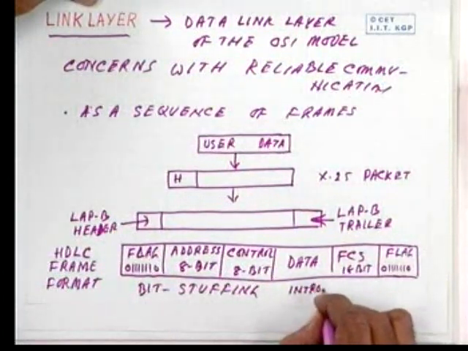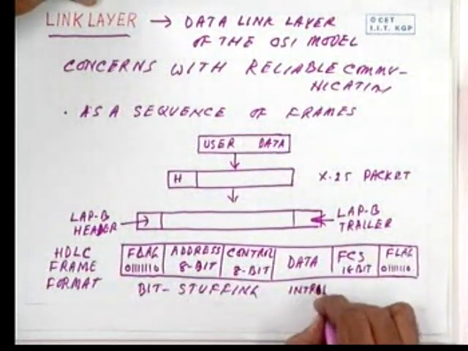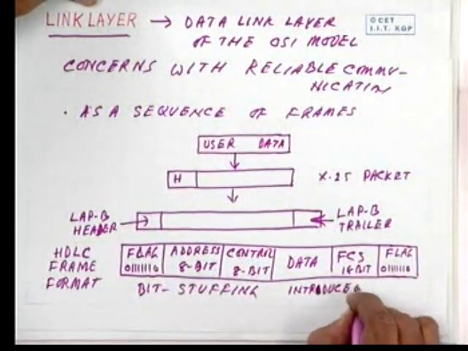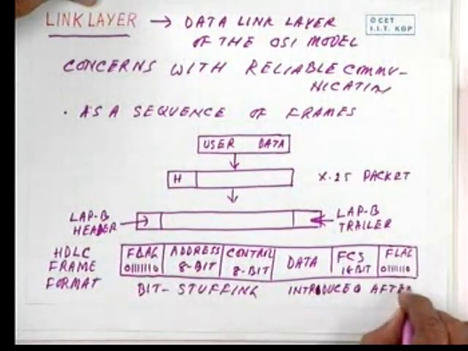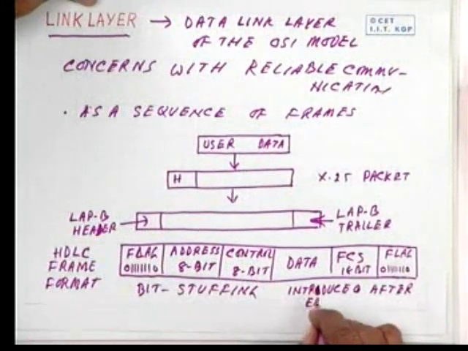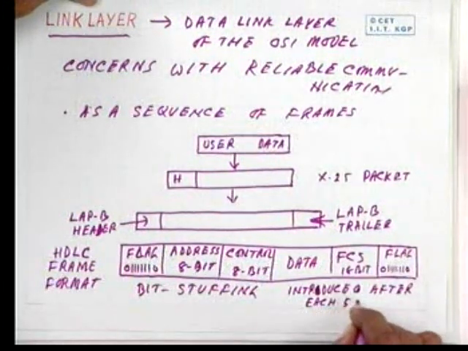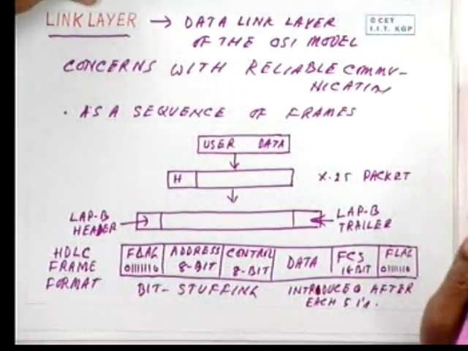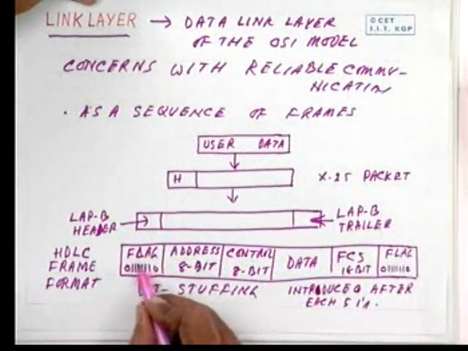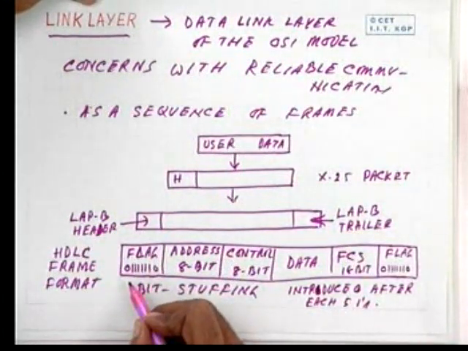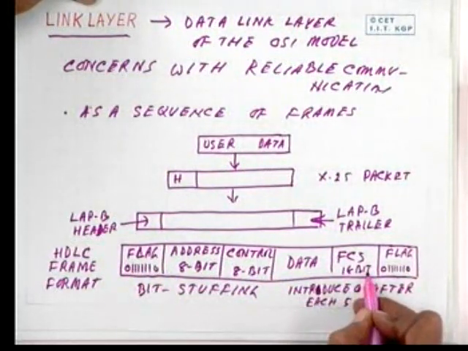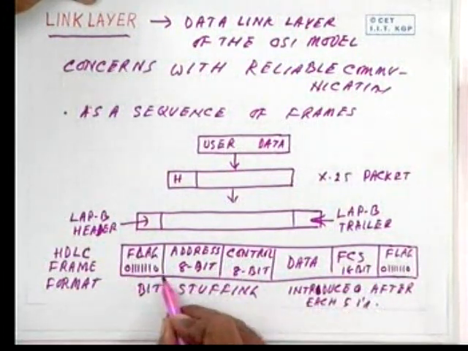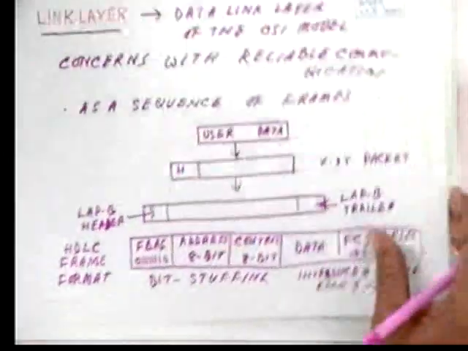Introduce 0 after each 5 ones. So this sequence will never arise. That is how you can avoid the occurrence of flag in this part of the frame.